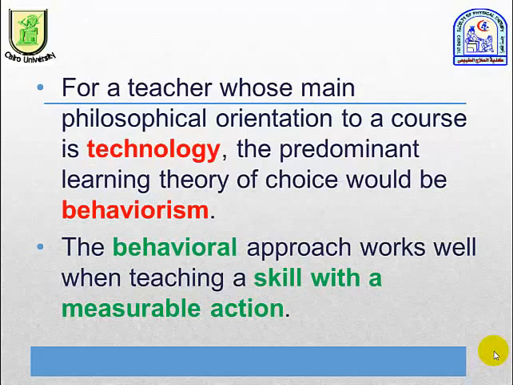For the teacher whose philosophical orientation to a course is technology, the predominant learning theory of choice should be behaviorism. That's what I said. The behavioral approach works well when teaching a skill with a measurable action. So here the action must be measured. This is our future: how to measure the skill in the proper way.